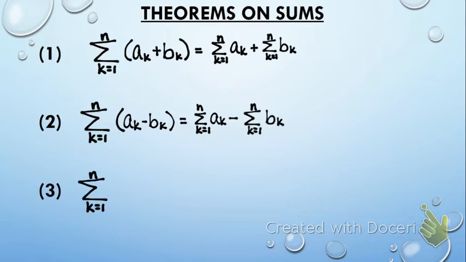And now the one that I think is the most useful. If you have some constant C that is multiplied by each term in a sequence, and you want to find the sum, that's a constant, some number that's not changing with each term.